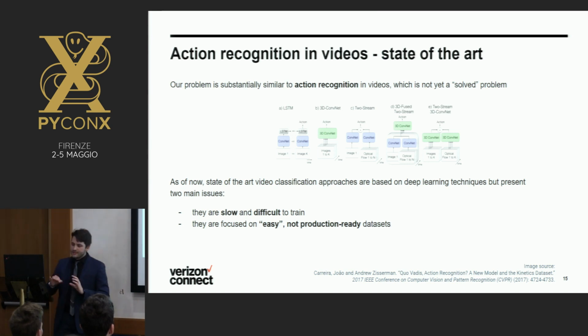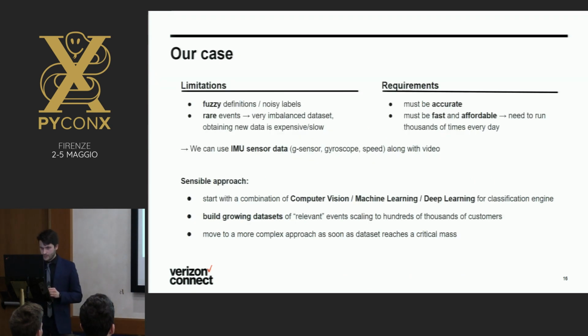And then they are usually trained on and focused on easy and not production-ready datasets. Production datasets are usually really noisy. So our business case is to have, as I said, fuzzy definitions and rare events. And we have to deal with some additional requirements posed by the business branch of the company.